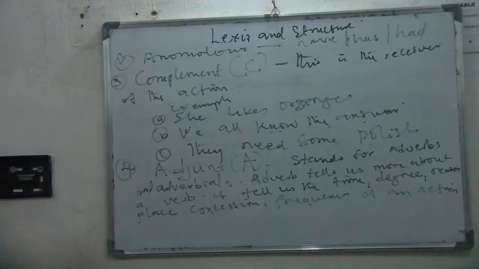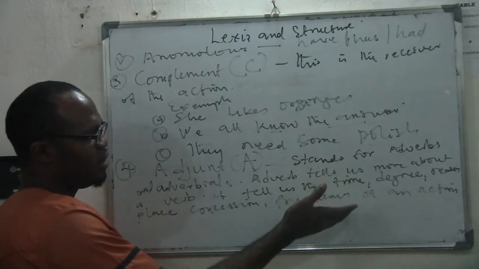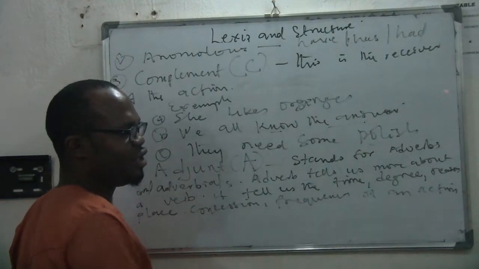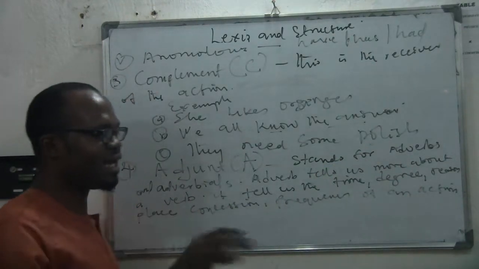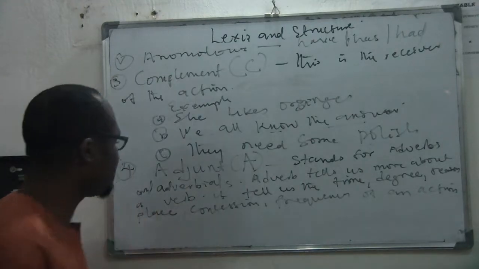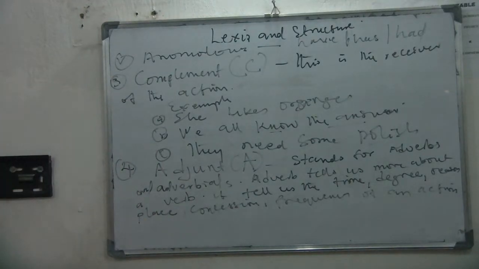It tells us more about an action: the time an action is committed, the degree to which that action is committed, the reason why it is committed, the place. Is that clear? Yes, sir.